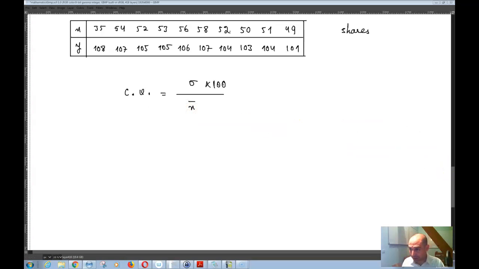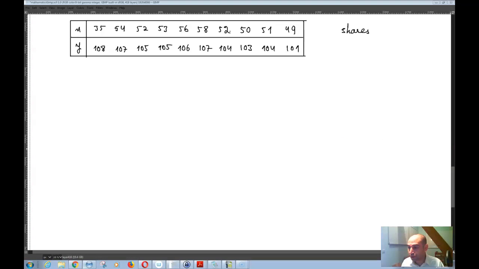And you know that sigma is the standard deviation, and x bar is the mean of your data. So you already know all of that.